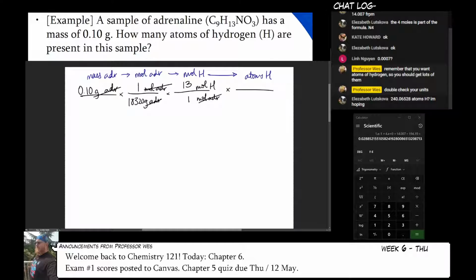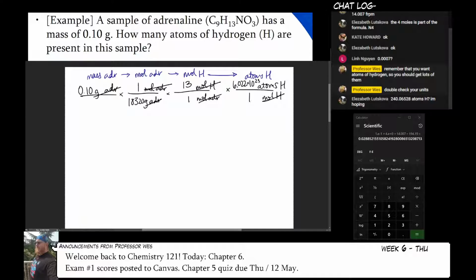And then finally, how many atoms are in a mole? Well, we know that in every mole there are Avogadro's number of things, right? Doesn't matter if it's hydrogen, if it's a molecule, if it's a beach ball, if it's a cat. In 1 mole, you have that many things.